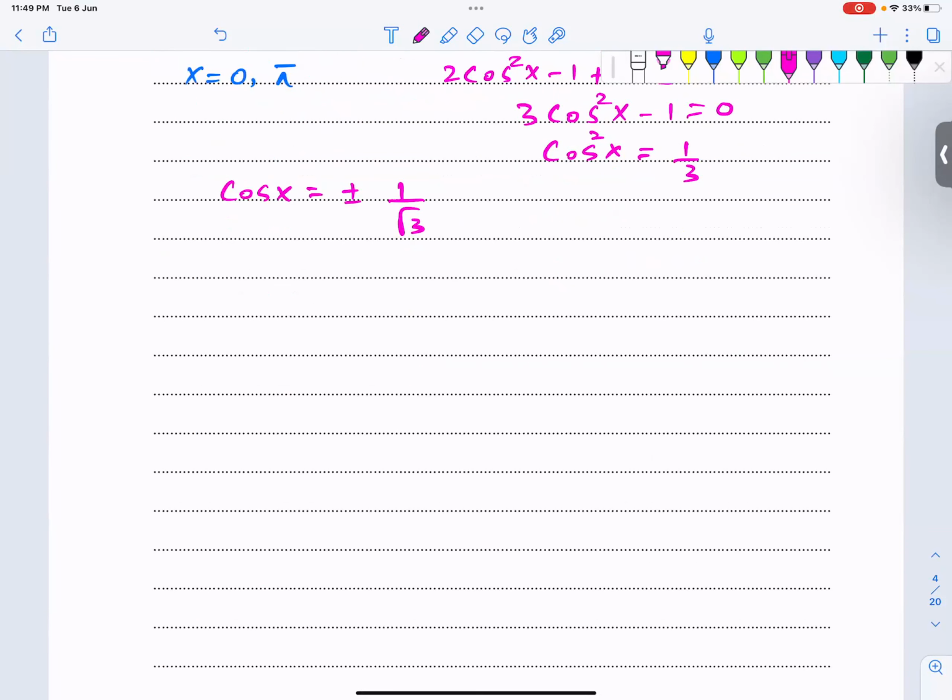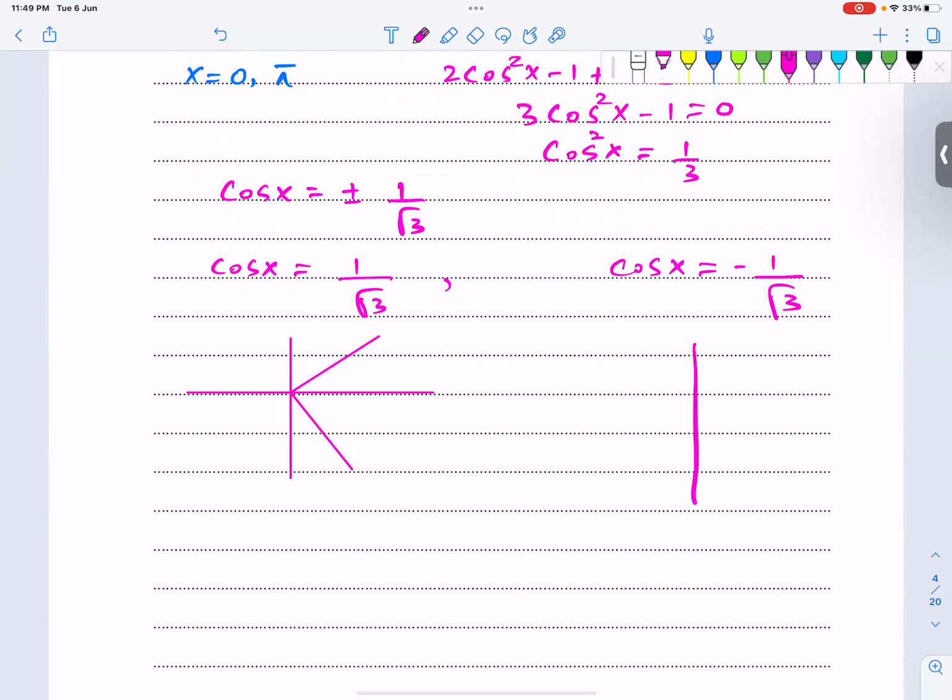You will discuss separately: cos x is equal to positive 1 over square root 3, and then cos x is equal to negative 1 over square root 3. Now cos x is positive in the first and fourth quadrants, and cos x is negative in the second and third quadrants.